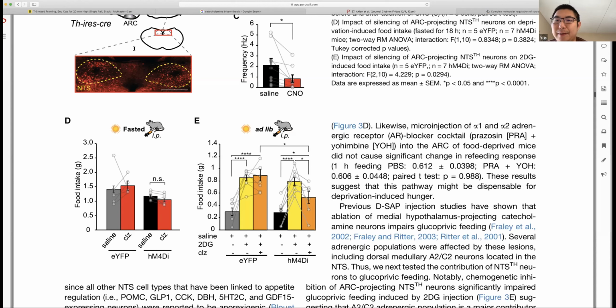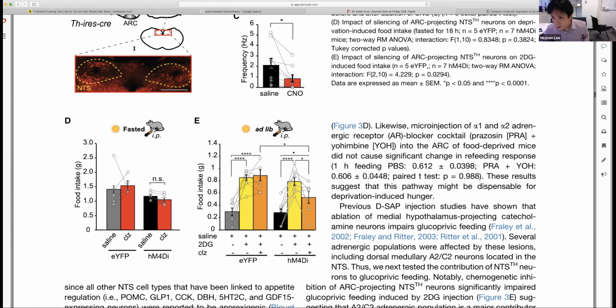However, the yellow bars in the control group are not changed much. So here they are just concluding that it is a major contributor of hypoglycemic hunger. So it's all about glucose. It's specific to glucose-driven feeding.